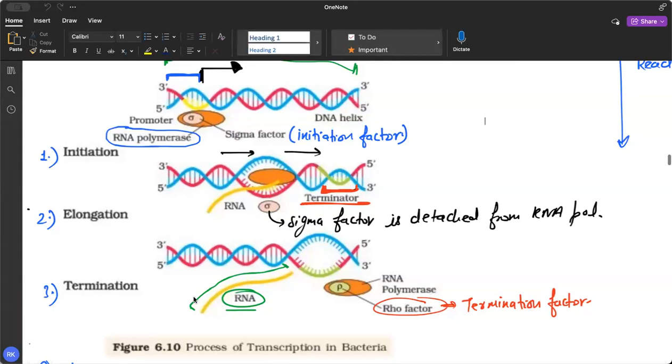So ribosomes will come and sit and will start processing it because it's a functional mRNA anyways. Do you understand that?